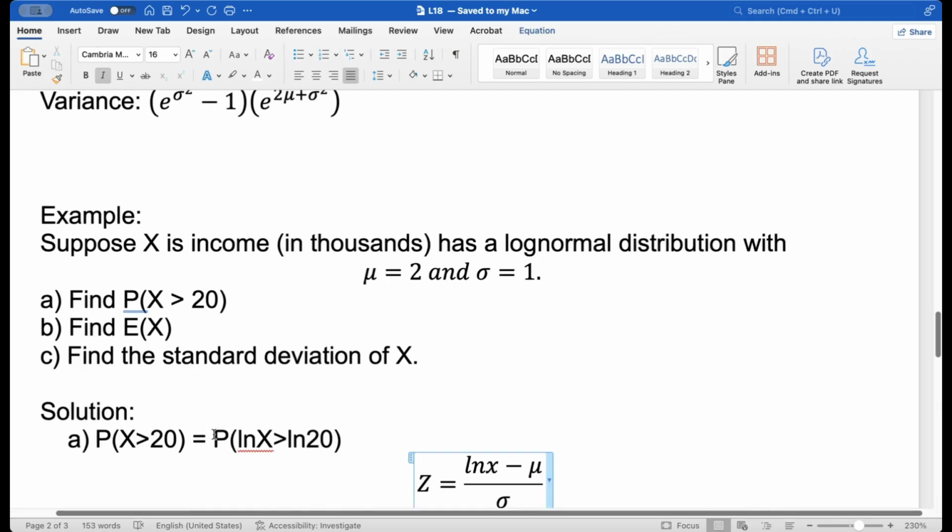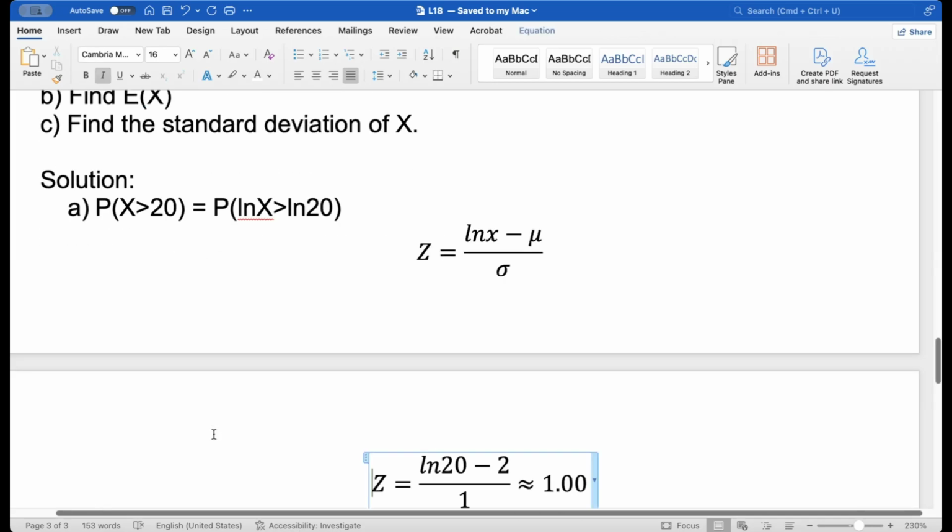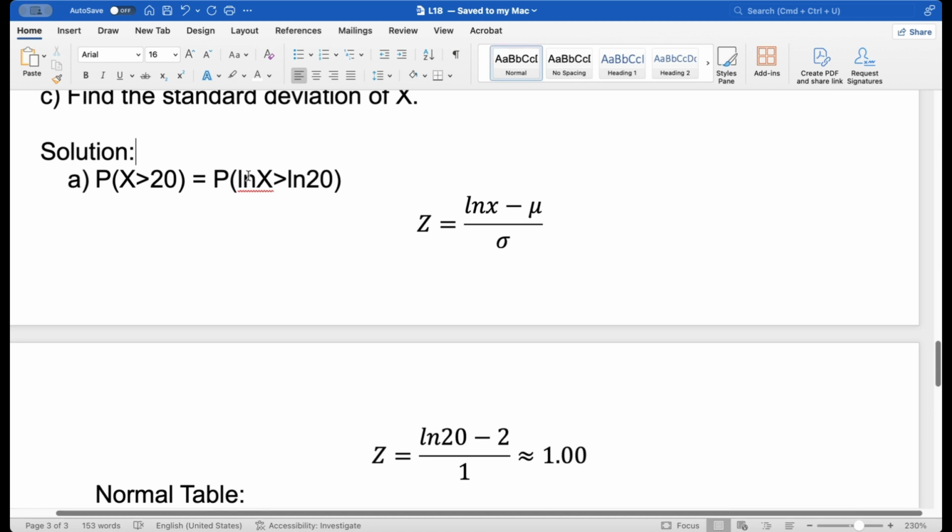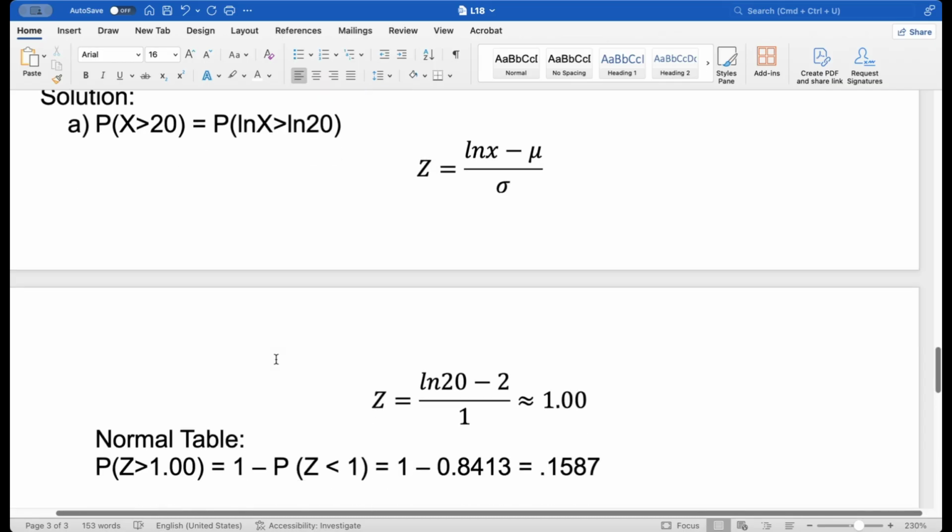So we use the z-score formula. Z is log x minus mu over sigma, so it's log of 20 minus 2 over 1. This comes out to about 1.00 rounded off, and then we use our z-score chart to calculate this. Now, we wanted the greater than direction here, so we have to subtract.